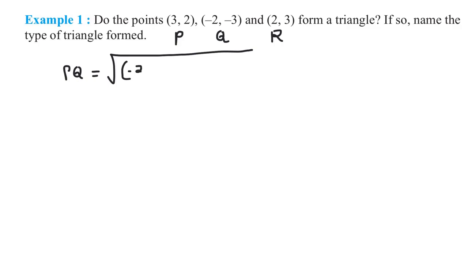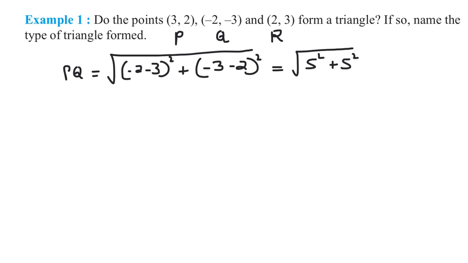Minus 2 minus x1, which is 3, the whole squared, plus y2 minus y1 the whole squared. y2 is minus 3 minus y1, which is 2, the whole squared. And how much is that going to be? Square root of 5 squared plus 5 squared, that is square root of 25 plus 25, square root of 50, which is approximately 7.07.